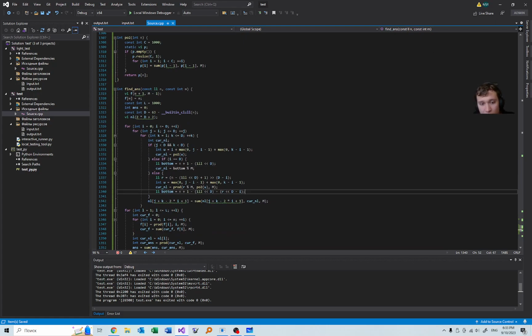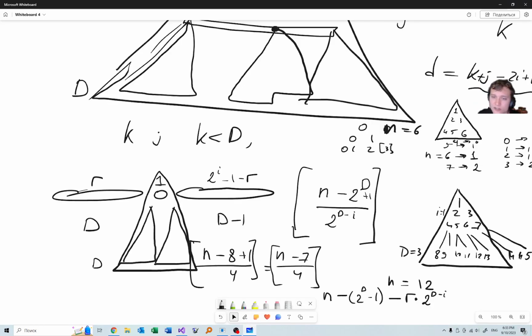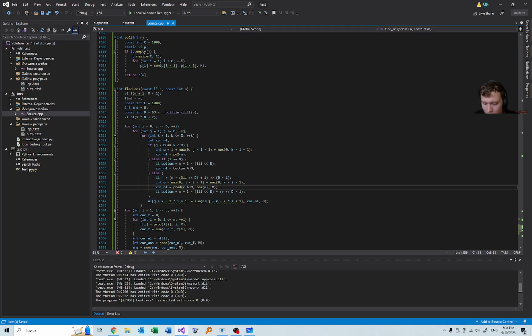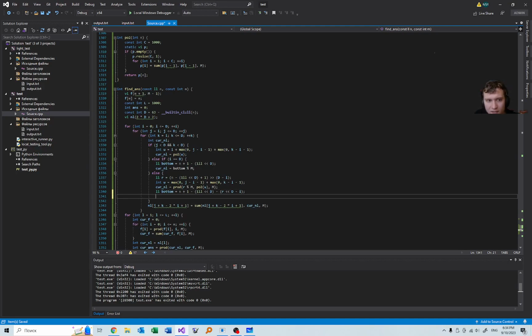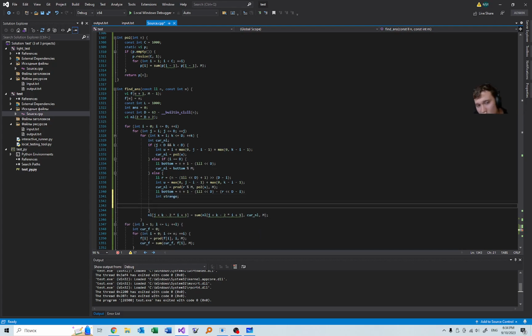So what do I do here? I need to add the answer for this strange tree. So here I take J and here I take K. Let's do it. Let's make int strange equals strange, and then I say that carNL equals the sum of carNL and strange, modulo M. What is strange?